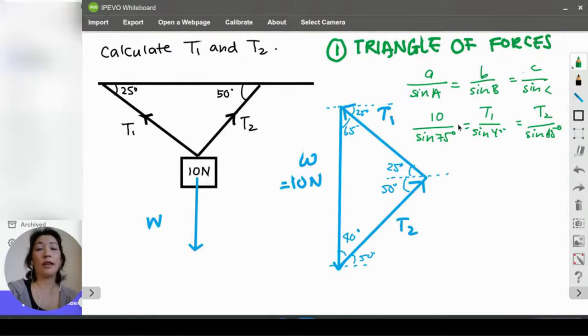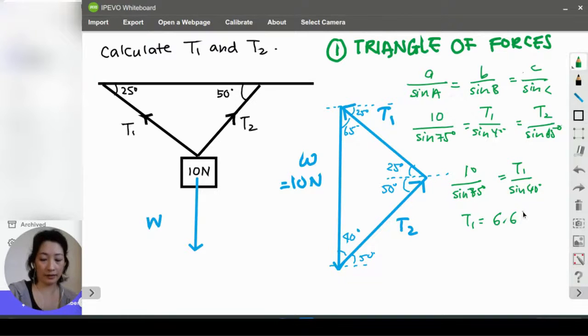So to solve this, you just use the ratio. Let's solve for T1 first. So we have 10 over sine 75, and that's equal to T1, this is 7 by the way, over sine 40. So T1, using your calculator and punch it out, you would get a value of 6.655 Newton.